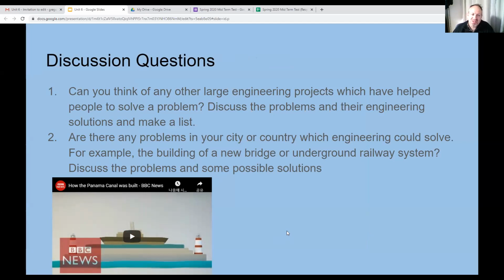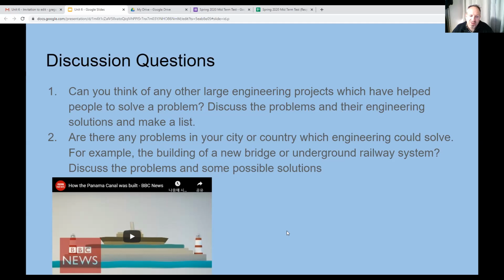So, some discussion questions. Question 1: Can you think of any other large engineering projects which have helped people to solve a problem? Discuss the problems and their engineering solutions and make a list. And question 2: Are there any problems in your city or country which engineering could solve?